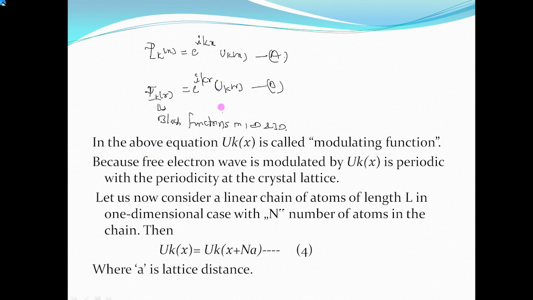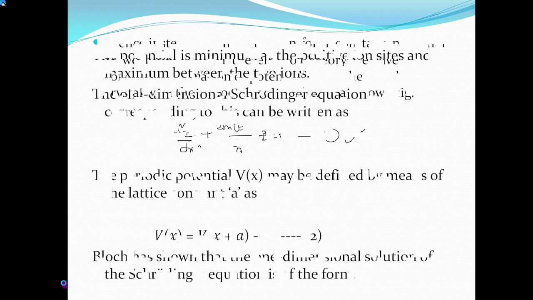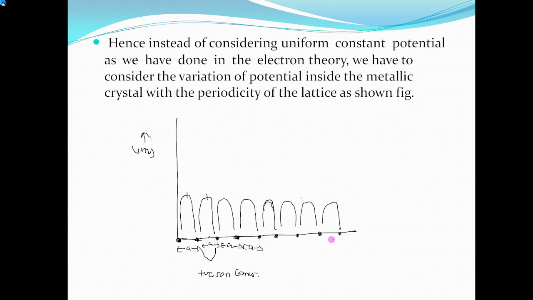In the above equation, u k x is called the periodic function, which varies with the periodicity of lattice constant A, or otherwise it is also called the modulating function. Now in the diagram, say N number of positive ions are there.